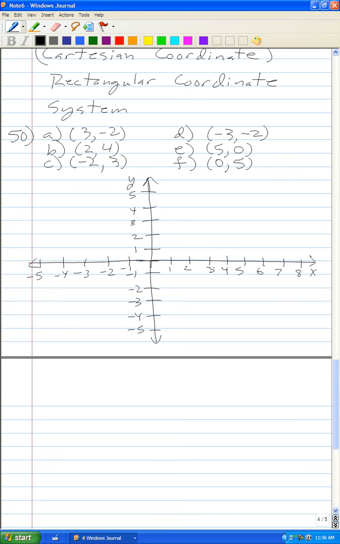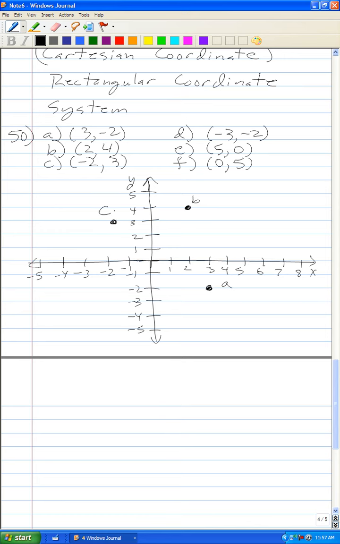So 3, negative 2. That's A. 2, positive 4. So I go in the x 2 and the y 4. So that's B. Negative 2 in the x, positive 3 in the y.